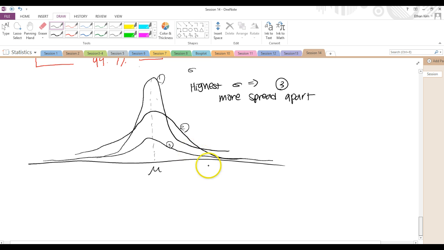So always remember, we're always aiming for the lowest variance. The lowest standard deviation will be graph 1, because it peaks at mu and has the most data at mu.